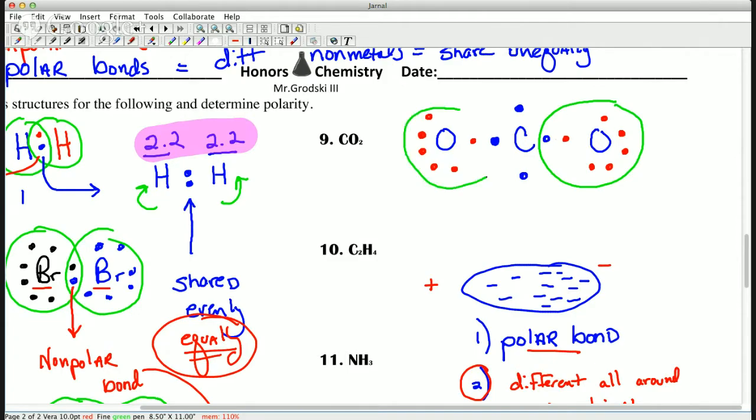This oxygen has 1, 2, 3, 4, 5, 6, 7. No good. Oxygen wants to have that 8, that octet rule. How about the carbon by sharing? The carbon by sharing has 1, 2, 3, 4, 5, 6. Nobody is stable. Nobody is happy. This is not correct yet. What do I do?